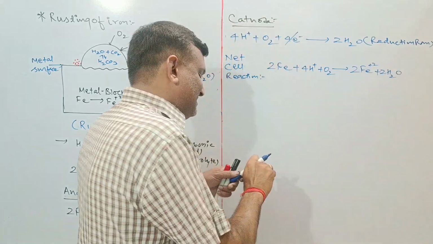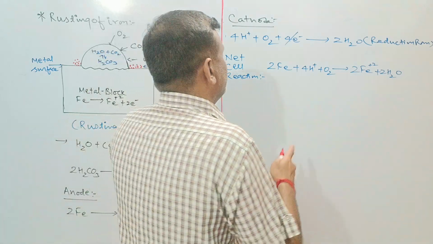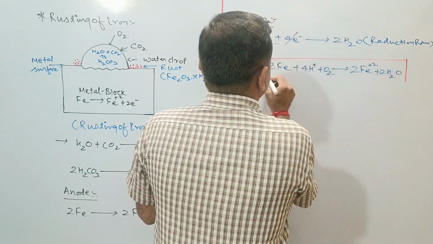This is the net cell reaction, or you can say the result of the reaction of cathode and anode.